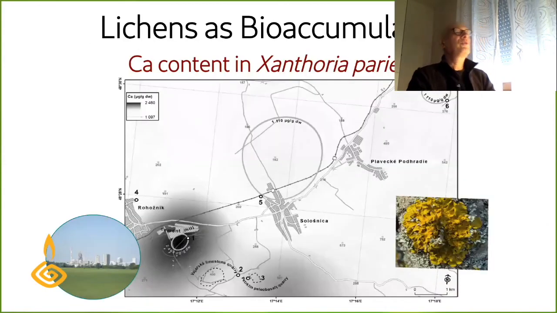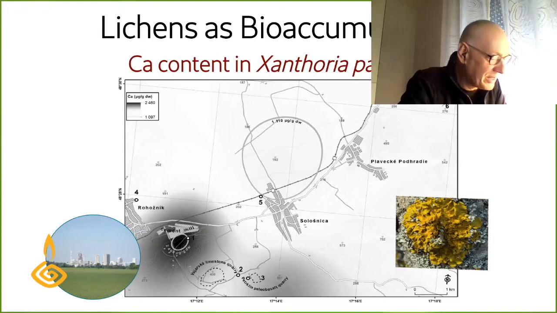And we had also used lichens, in this case, as bioaccumulators. Now we are changing from bioindicators to bioaccumulators. Lichens are like a sponge, if you remember from the beginning.